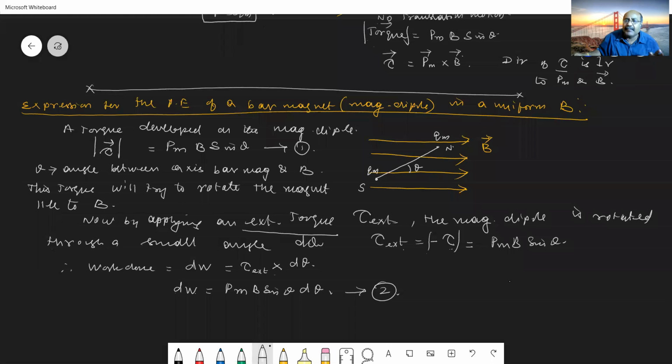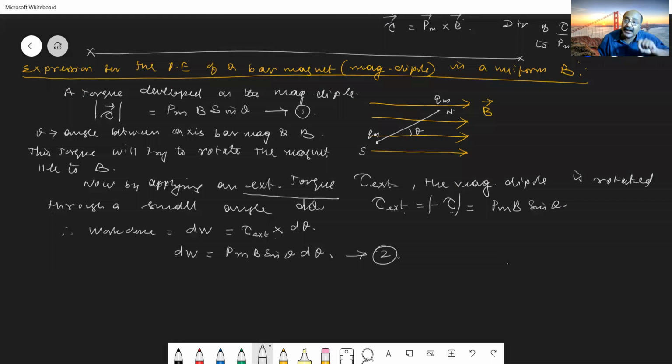Now I am going to calculate the total work done in rotating the dipole from one initial position to another final position. Let the initial angular position be theta dash.